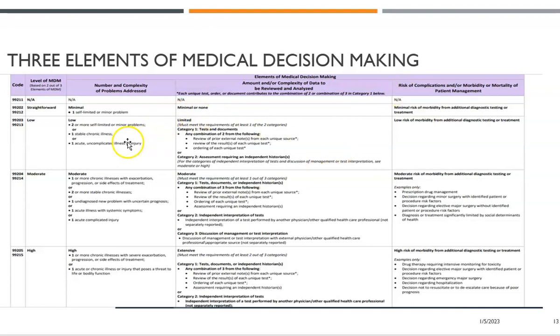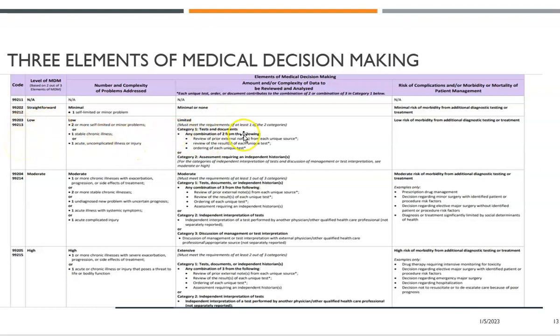So we could not have, say, a low number of complexity or problems addressed, a limited amount and or complexity of data to be reviewed, and then a moderate risk of complication of morbidity or mortality of our patient, and assign a 99204 or 99214, because low and limited are in the row with a 203 and a 213.